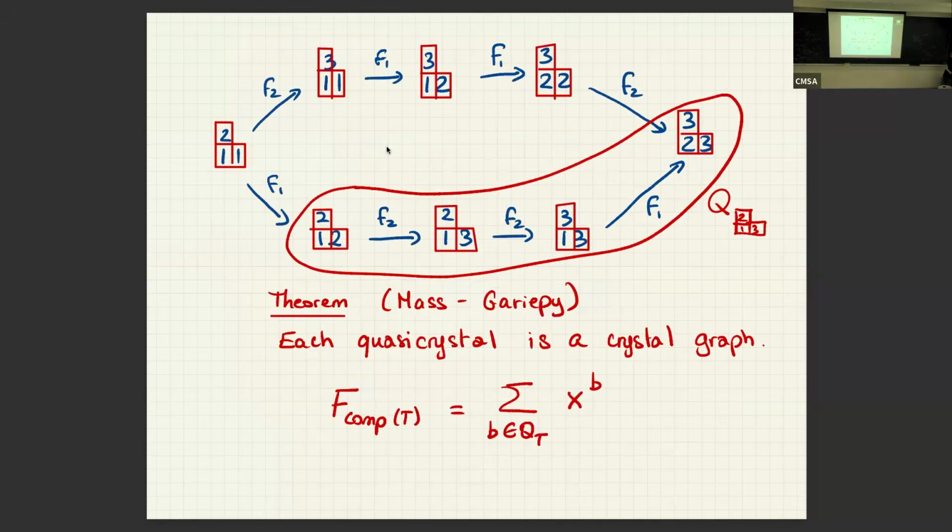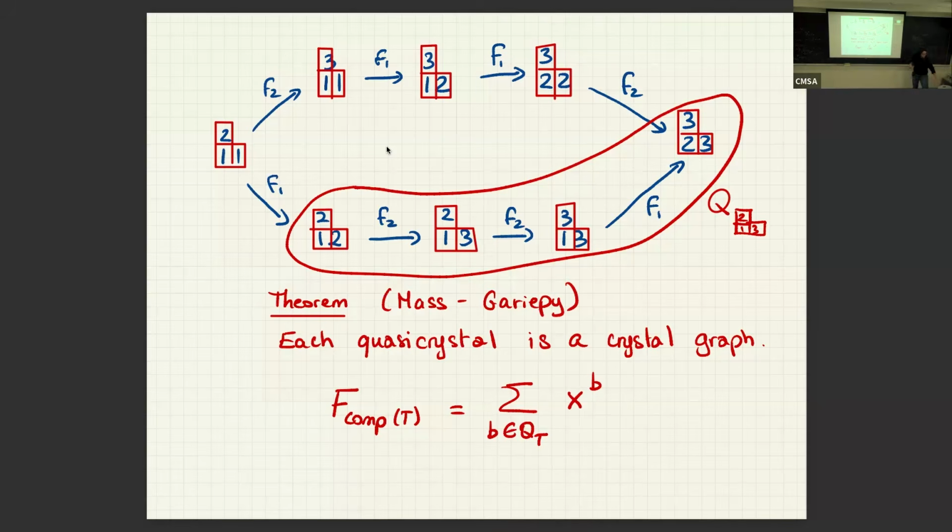So actually, it's more than that. Here is the other quasi-crystal that you will get for that shape (2,1). The theorem is the following: it's connected, but it's also a crystal graph. So each quasi-crystal is itself a crystal graph of another shape. You say a quasi-crystal is one of these components that you circle?